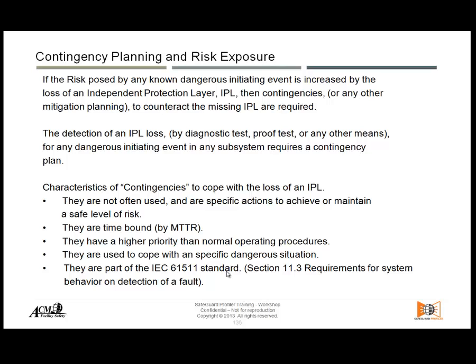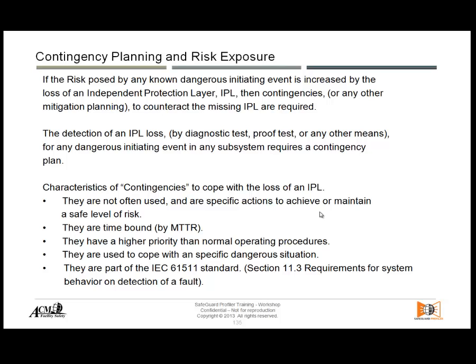So at least for a safety instrumented function, if you are complying with IEC 61511, you must find a contingency for every safety instrumented function that you have, and it has to be at the same SIL level. And if you don't find any, that means that your process has to shut down.